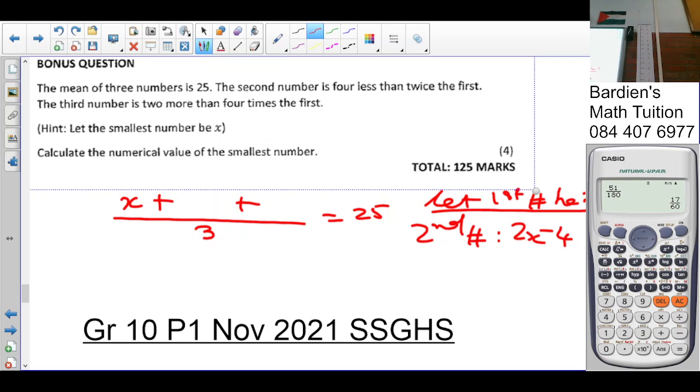So the second number is going to be 2x minus 4. The third number is 2 more than 4 times the first number.